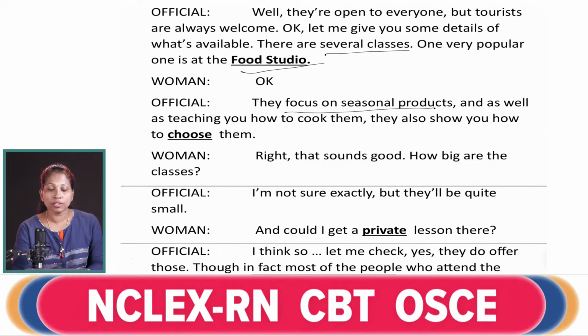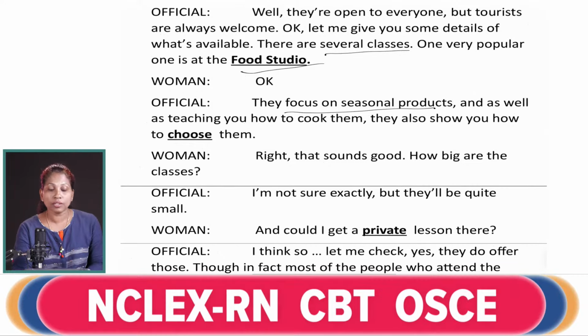Now "also" is synonymous with "as well as" or "and." They also show you how to choose them. So they also tell you how to choose those seasonal products. They teach you to cook with seasonal products, and they also tell you how to choose them. So those are the two focuses: cook and choose.